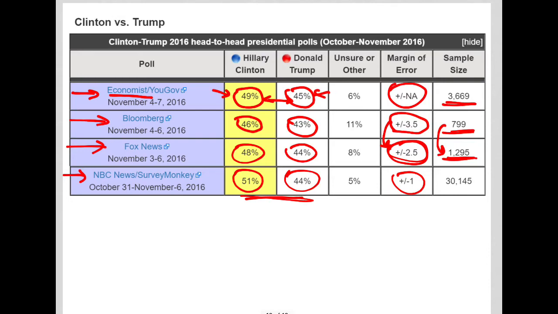So if Hillary Clinton is plus or minus 1 percentage point, they're saying the entire population is going to be about 50% in favor to 52% in favor for Hillary Clinton. And then plus or minus 1 for Donald Trump would be 43% to 46% in favor of Donald Trump. No matter which way it goes, it would look like Hillary Clinton was supposed to win at that time from their poll.